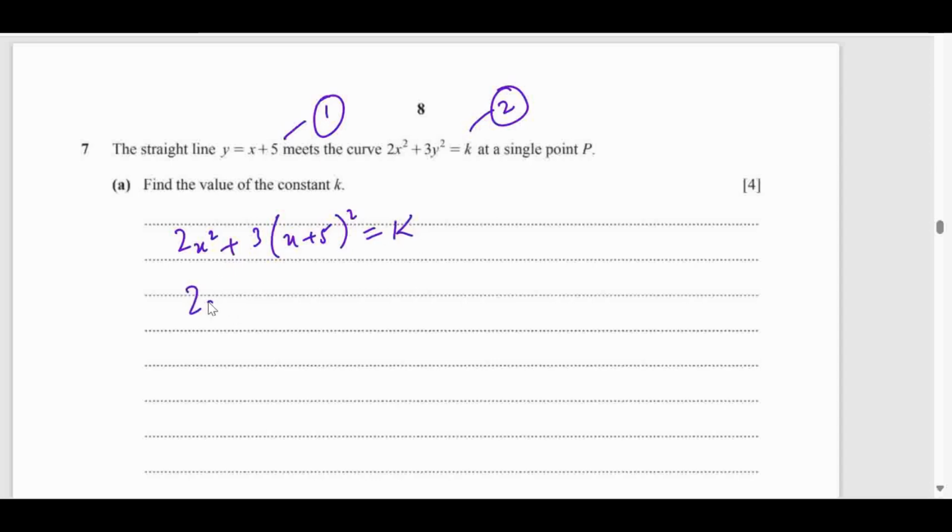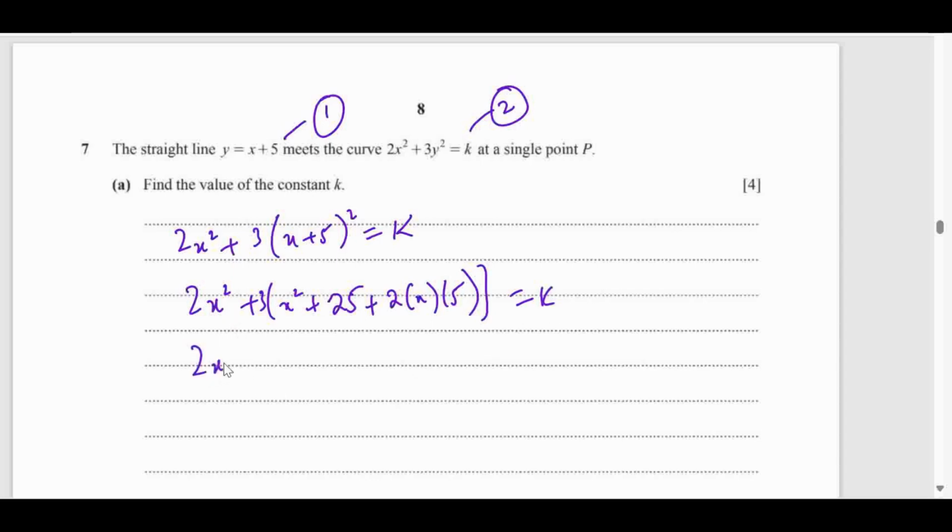If we simplify it further, this will be a square plus b square plus 2ab, is equal to k.